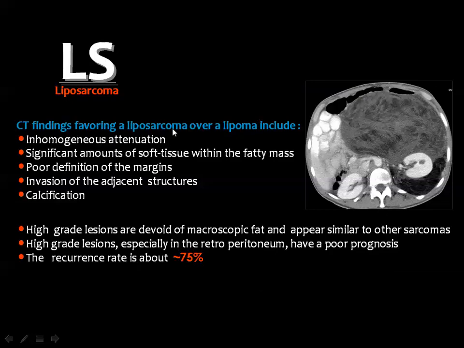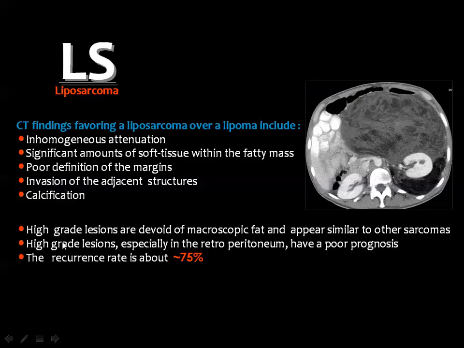Then many criteria are suggested by the literature to favor liposarcoma over a lipoma. Number one, inhomogeneous attenuation, where you see some fat and a significant amount of soft tissue within the fatty mass, poor definition of the margin, invasion of the adjacent structures, and the presence of calcium.